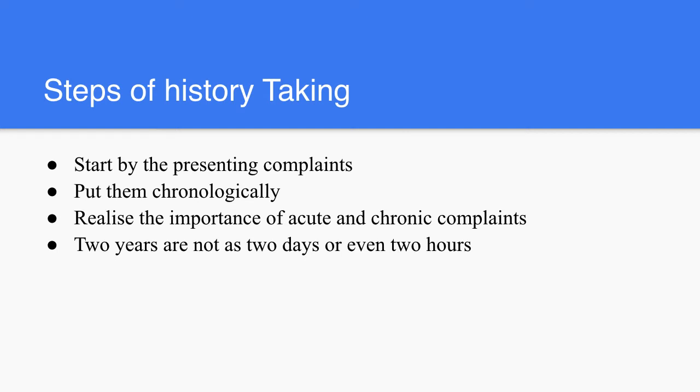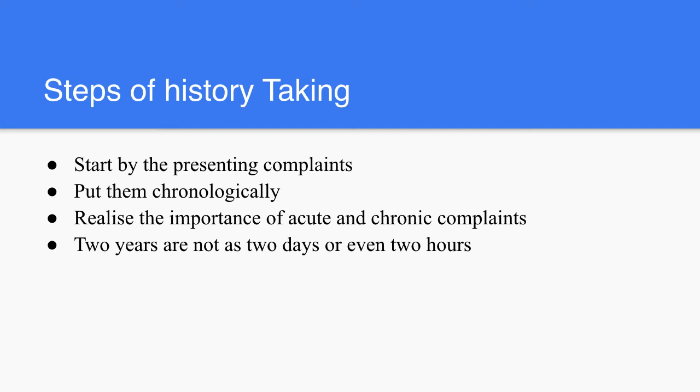So put the patient at ease and ask him about the history of the presenting complaints. And if it's more than one, then you have to put it chronologically. And by the word chronologically, we mean in an ascending or descending pattern, either from the oldest to the nearest one or from the nearest to the oldest one.